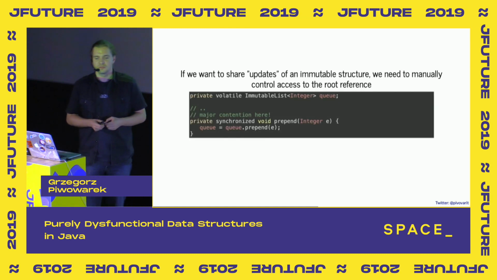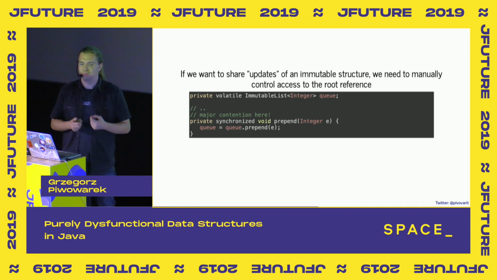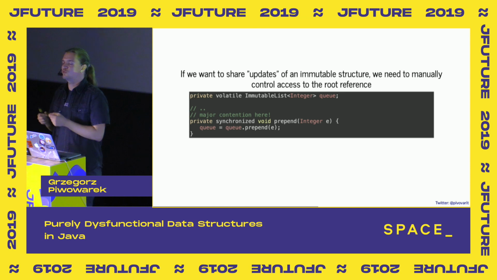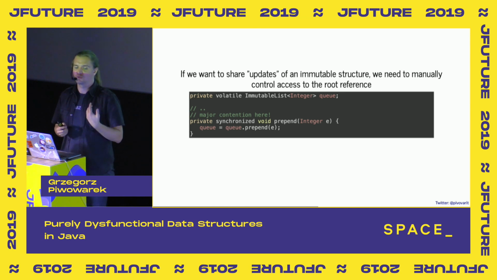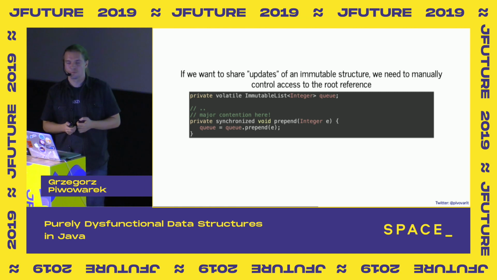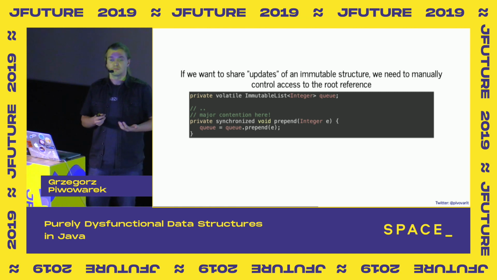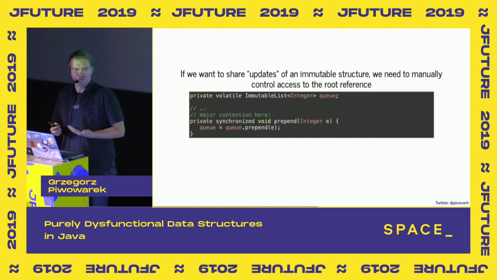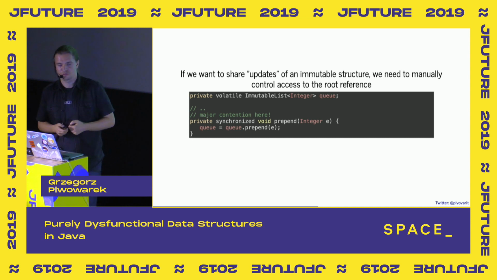We would need to create one mutable field which would carry an immutable data structure. And this reference would be updated by multiple threads in a synchronized manner. And as you can see, we made it work with concurrency, but we were promised that we don't need to worry about concurrency, and we already need to write concurrent code and think about it. So this is not really cool.